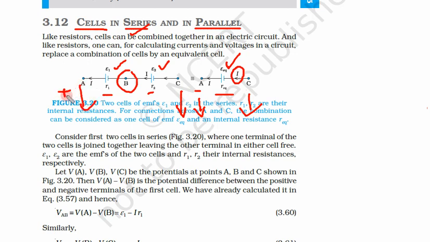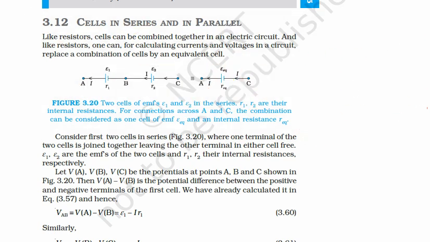This one is positive, this one is negative. Similarly, this one is positive, this one is negative. So these are the outlet points, and the current flowing in the circuit is the same when we replace these two cells with another cell with EMF equivalent and internal resistance R equivalent. So this is our new, equivalent circuit diagram.